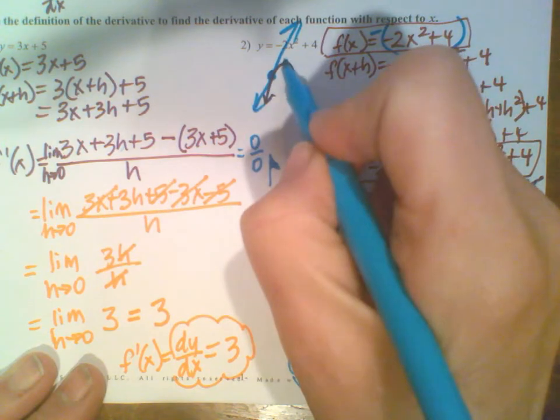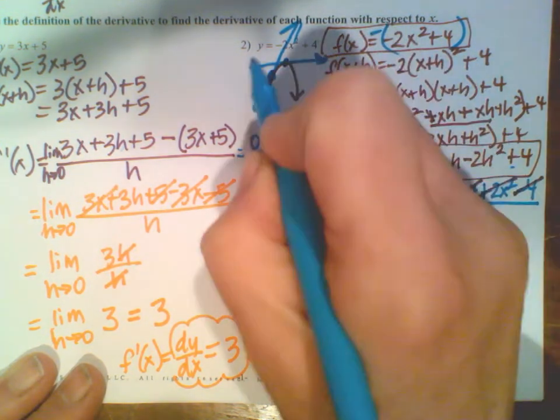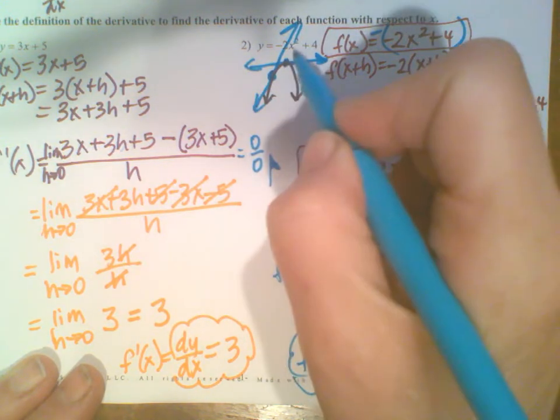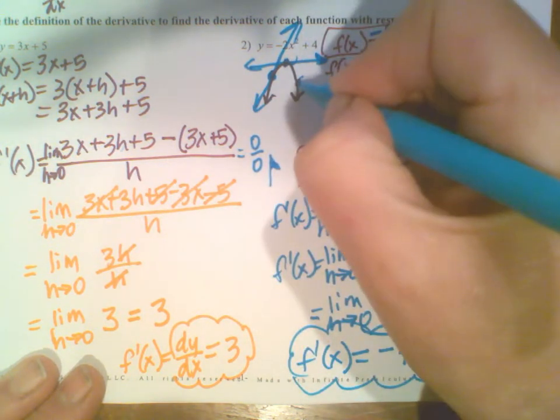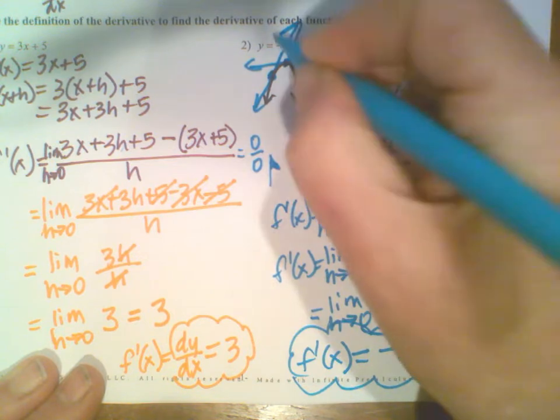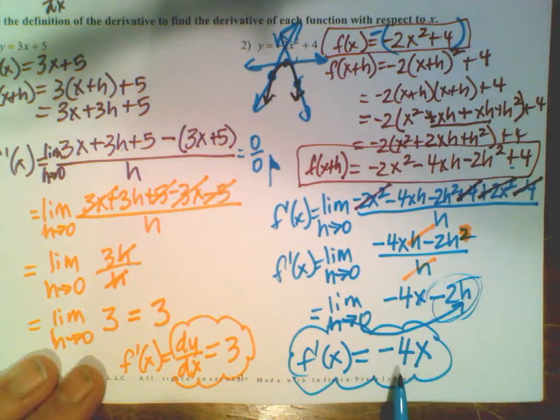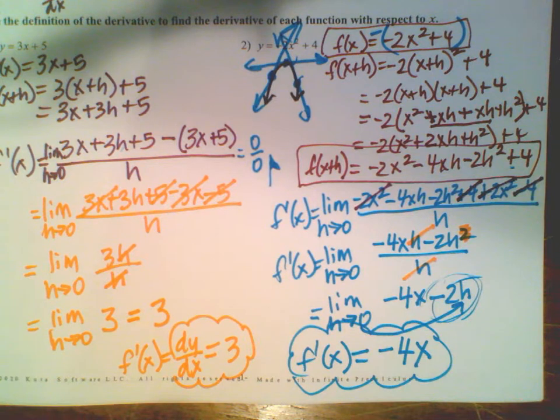But if I put a point here and draw a tangent line, the slope here is going to be closer to, it looks like almost 0. If I put a point over here and draw a tangent line, the slope becomes a negative slope. The line is dropping. And as I move through my x's, it's going to change what that derivative is.